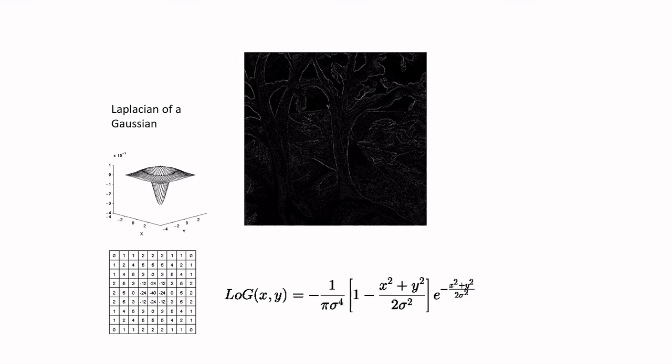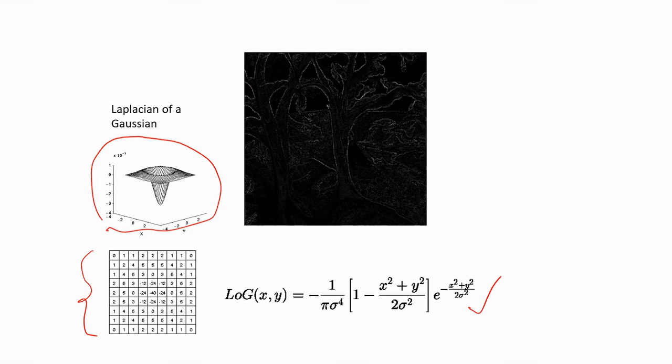Here is another example of a mask. This particular mask is known as a Laplacian of a Gaussian mask, because if you were to visualize this mask, it has a shape or a form that looks something like this. This matrix represents the weight values of the mask.